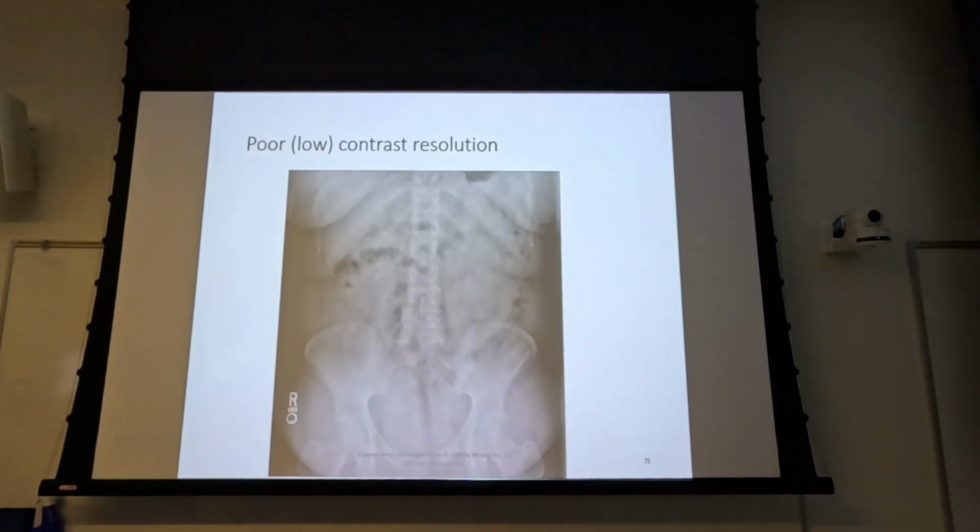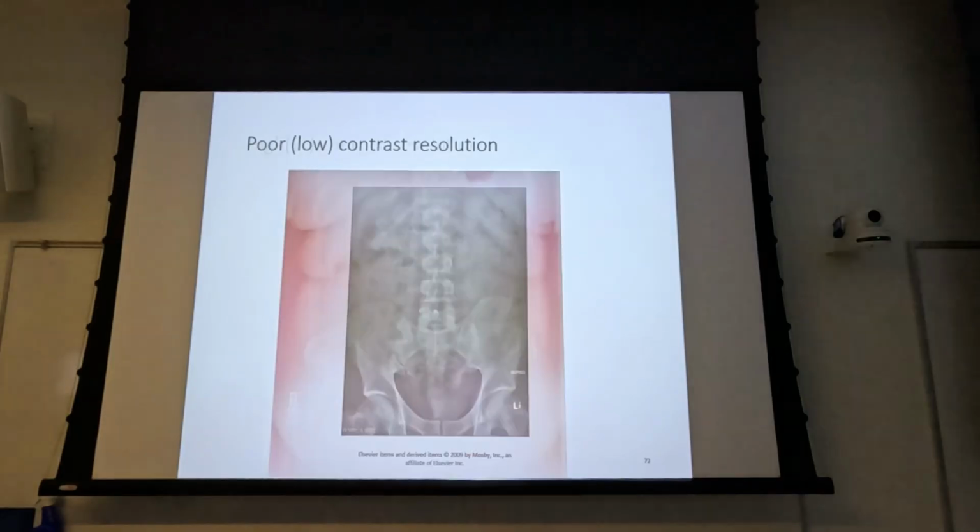So again, this is poor contrast resolution. It's not because anybody selected the wrong technique. It's not because of positioning issues. It's because we've got a lot of adipose tissue. So a lot of tissue, especially any kind of tissue that creates more scatter radiation, is going to give us a low contrast image, even with digital processing. Probably not as significantly as what it used to, again, before we had digital processing.